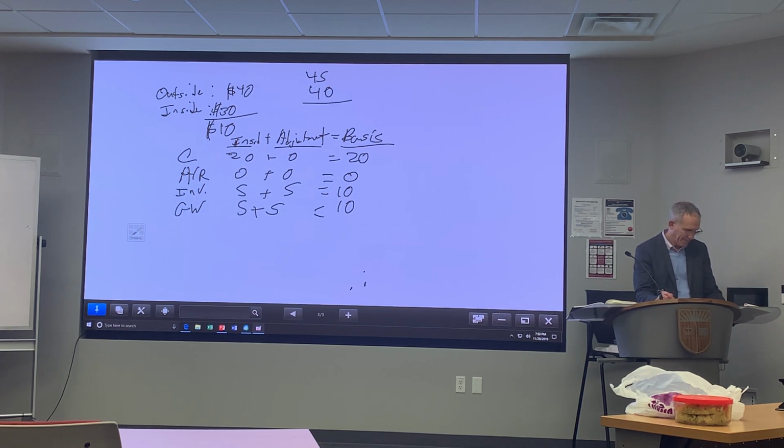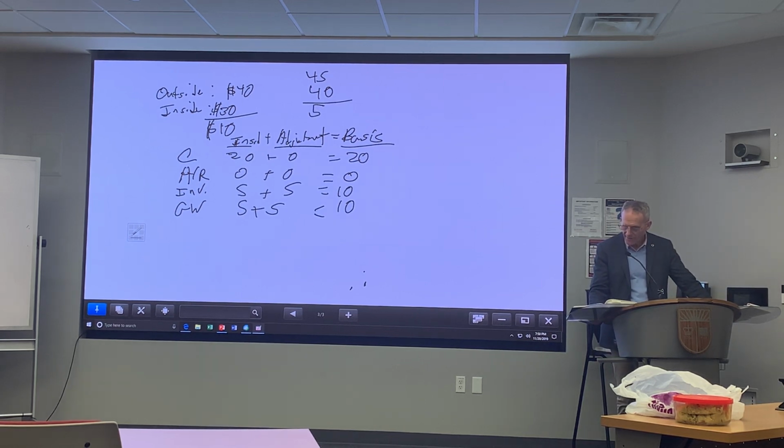What's the gain? What's the character? Ordinary income, right? Attributable to the receivables. This is going to be ordinary income.